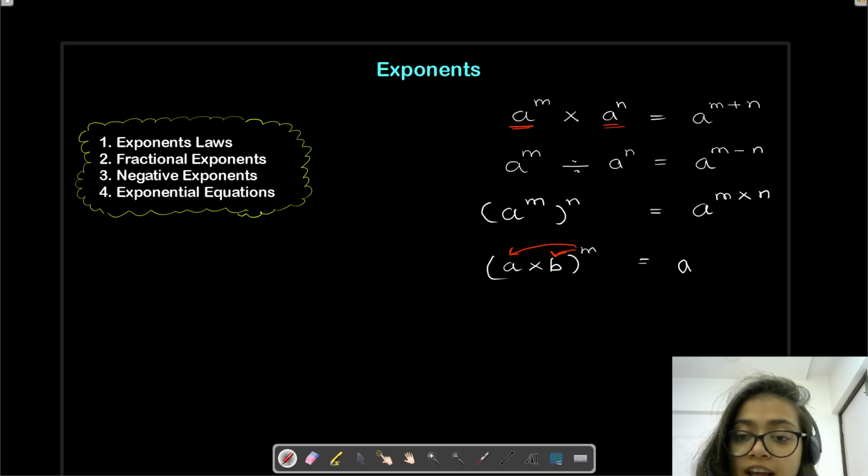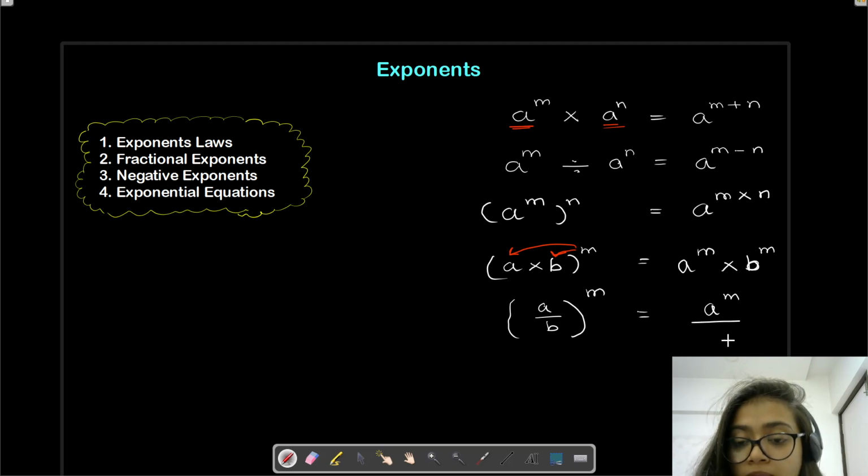So we get a raised to m times b raised to m. Same thing will happen in case of division. If you have a divided by b and this whole thing raised to exponent m, again it will be distributed, so you get a raised to m over b raised to m.